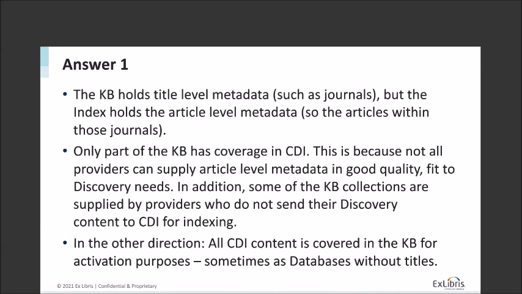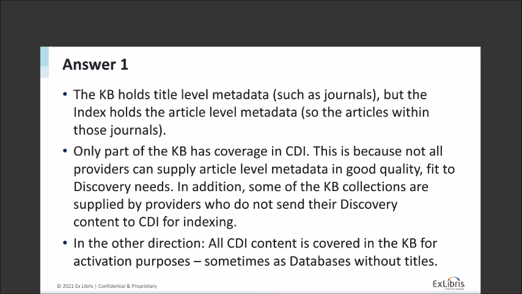As we know, not all of the providers can supply article metadata in good quality fit to the discovery needs. So in the KB, a provider can send the metadata, the title list of the journals or the books that they sell. But for the CDI, what we request from the provider is rich article level records that will be able to ingest into the index, and users will be able to use them to find what they need.